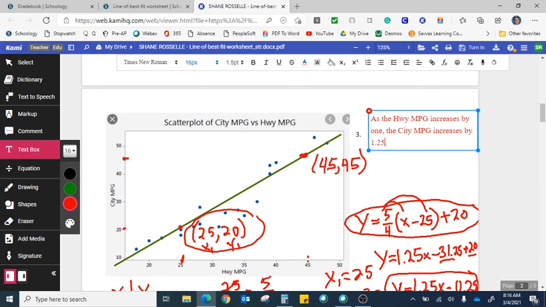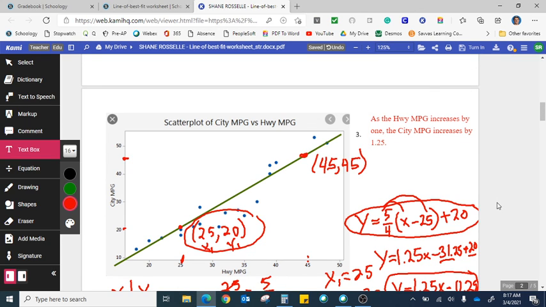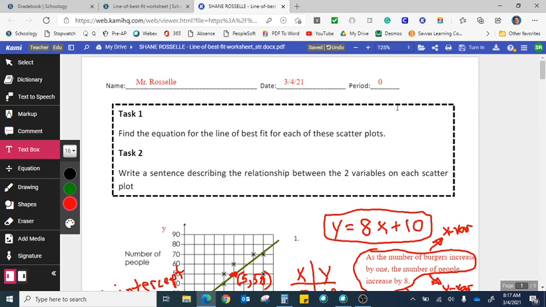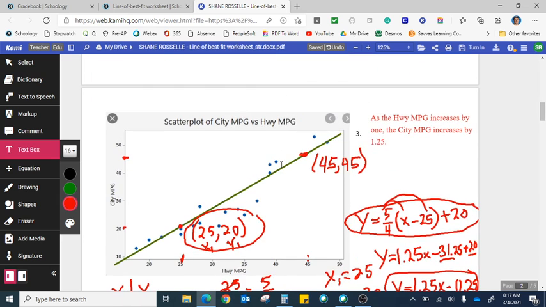Okay, so 5/4 is 1.25. And that's answering task 2.